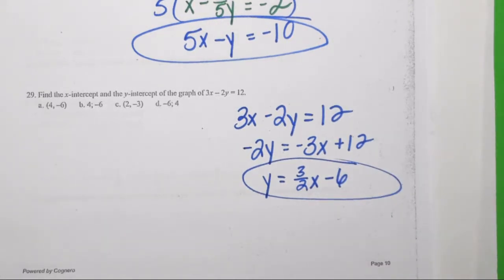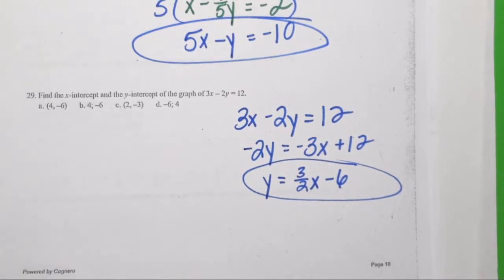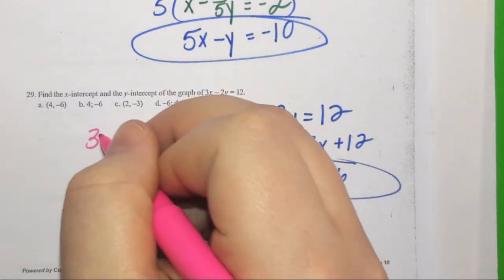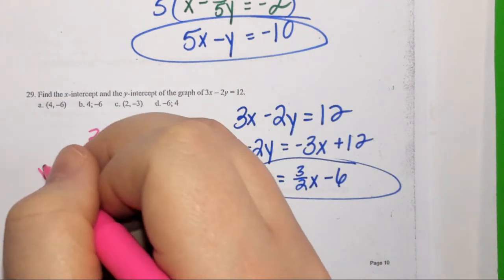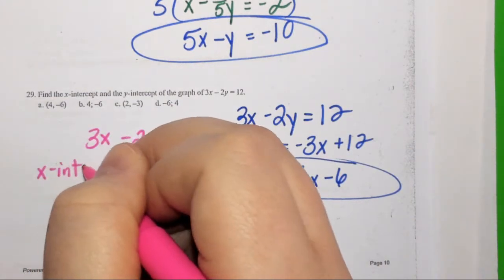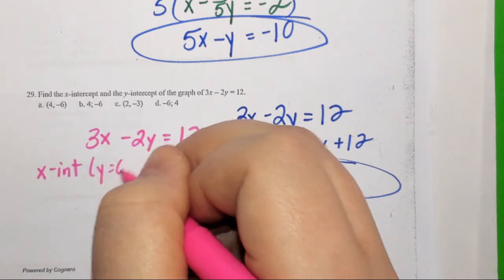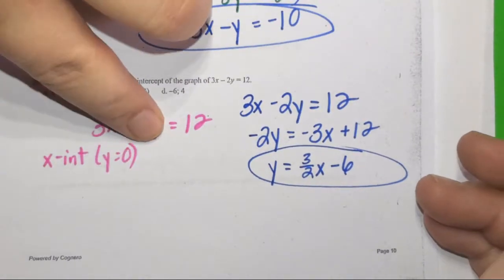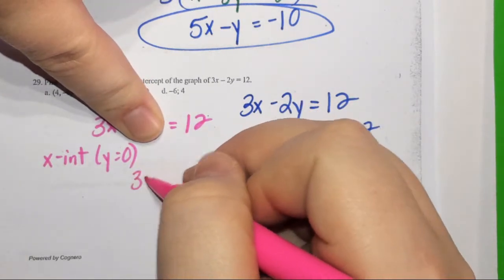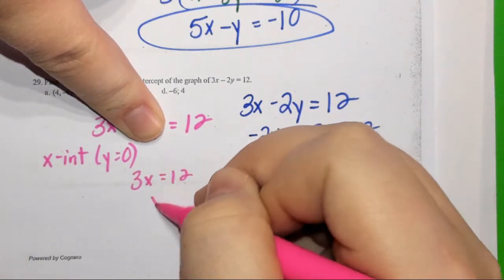I don't disagree. But Jax is completely correct, and to be much simpler, the x-intercepts happen when y is 0. So literally, if we plugged in a 0 for y, we would have 3x equal to 12, so x equals 4.